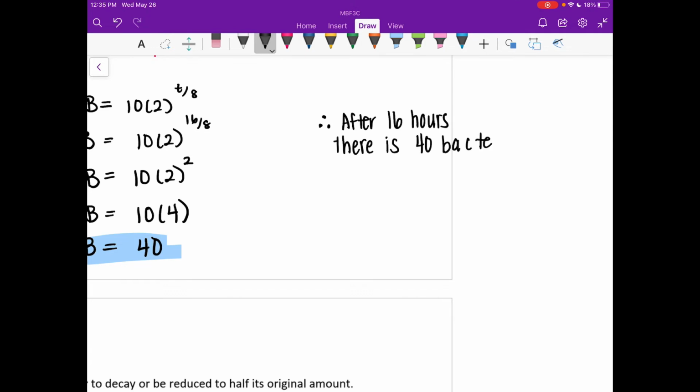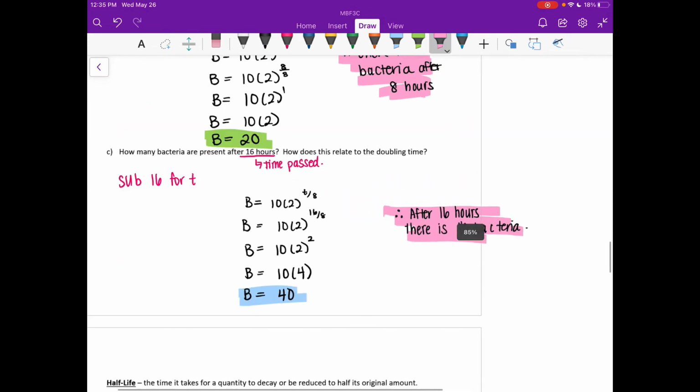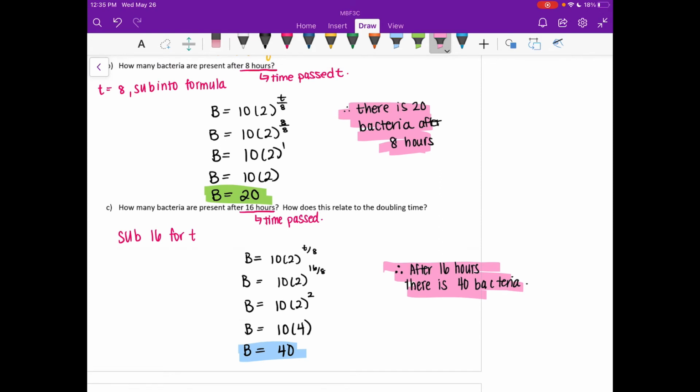So how does this relate to the doubling time, right? If you think about it, 16 hours, if the bacteria doubles every 8 hours, means that they have now doubled not once, but twice. So you've done 2 propagation rounds, right?